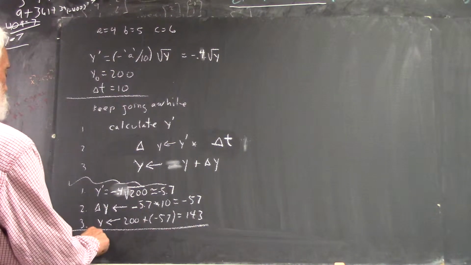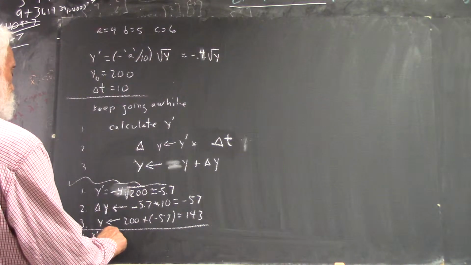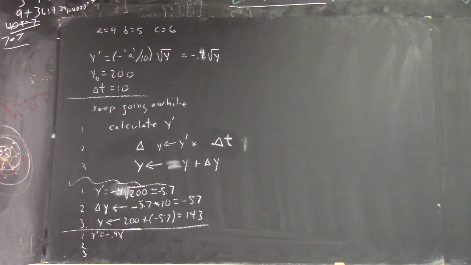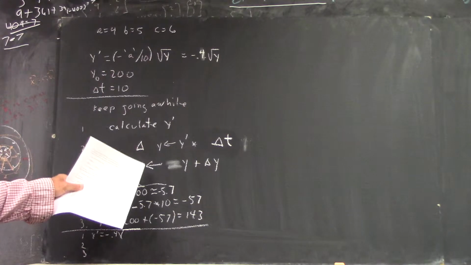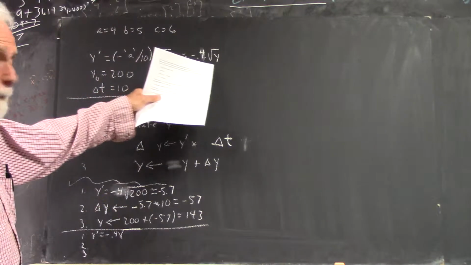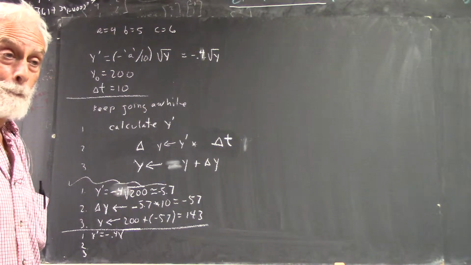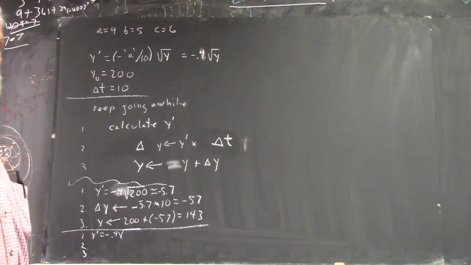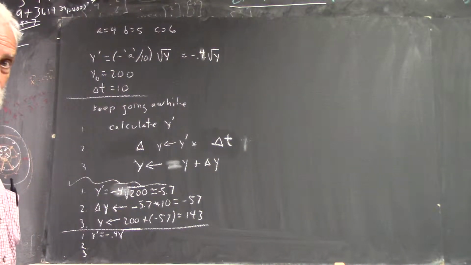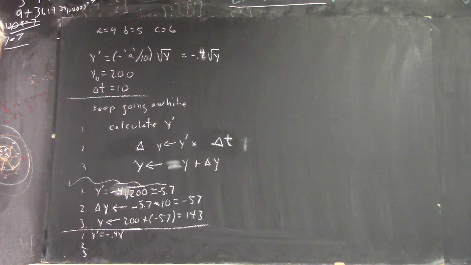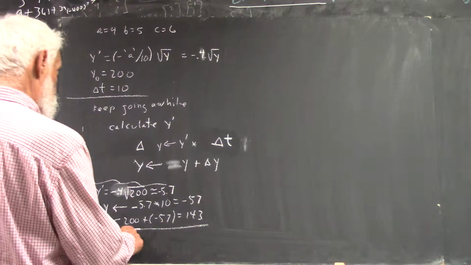Now y prime equals negative 0.4 times the square root of what? Well, it's going to be negative 0.4 times the square root of y. What's y? What's living in the y register at this moment? 143. See, we just did that, right? So that's 143.